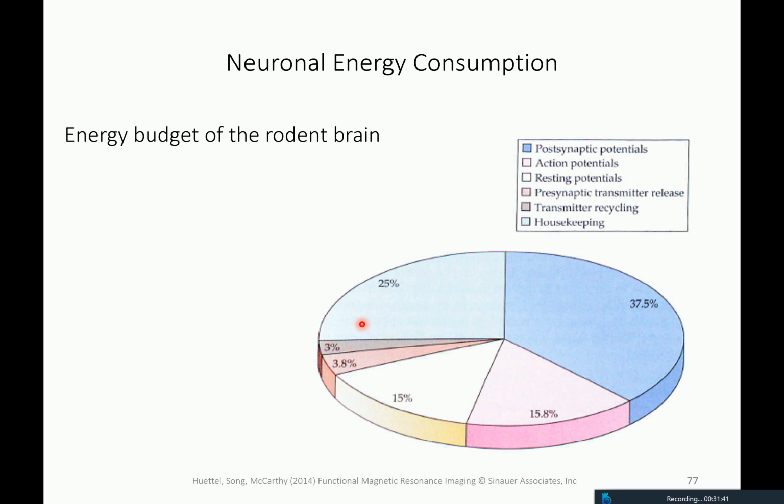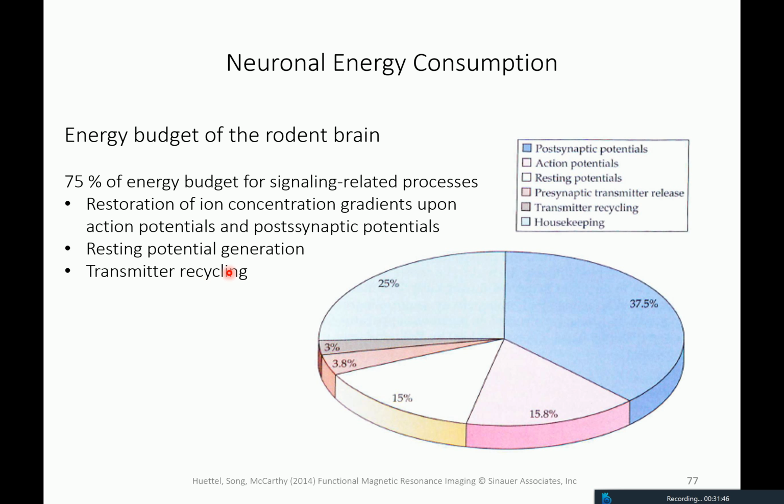So the question is how much of these processes that we talked about actually goes where, and the thing is that 75% of the energy budget is actually for signaling related processes. So this is the restoration of ion concentration, resting potential generation, and transmitter recycling. So this is all signaling related: resting potential generation, because you have action potentials, and transmitter recycling in terms of synaptic activity.